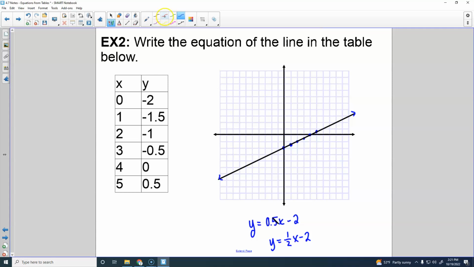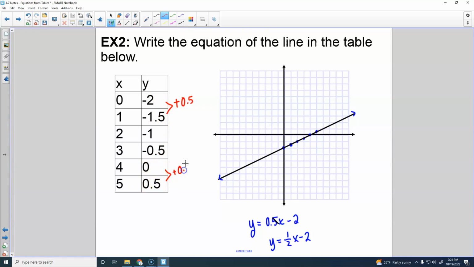So let's think slope that we were doing earlier. If I go from -2 to -1.5, what did I do right there? You add 0.5. Sometimes it's hard to tell with the negatives. If you want, you can skip down here from 0 to 1, from 0 to 0.5.